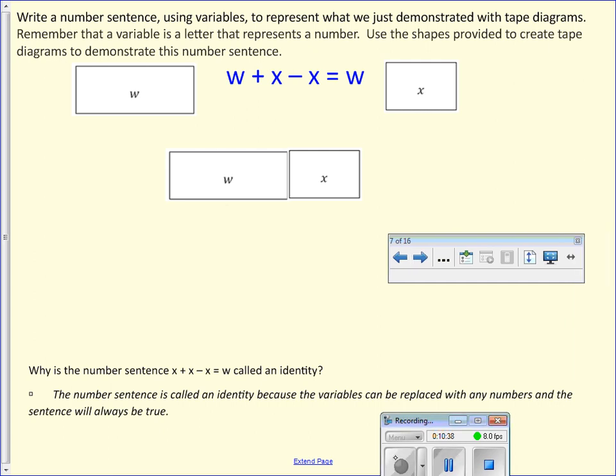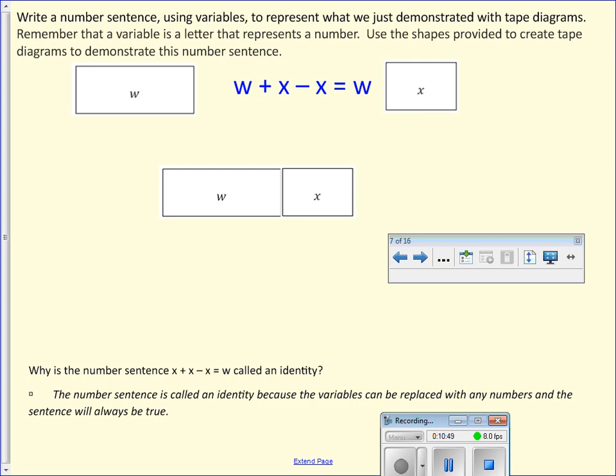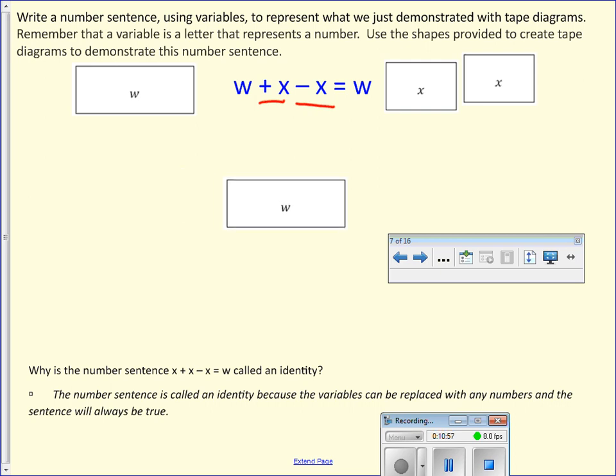All right, so now let's just take a look at the equation that's here. All right, so we have a W. We have X. But then I'm going to take X away, and what am I left with? W. So this is called an identity. The number sentence is called an identity. You might want to pay attention to this for homework.